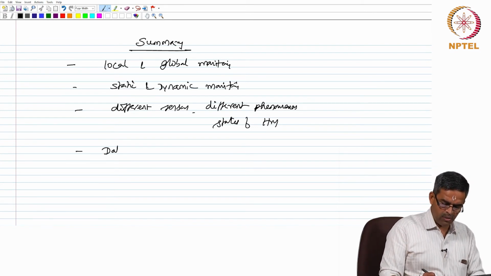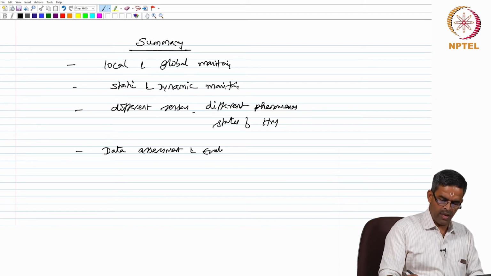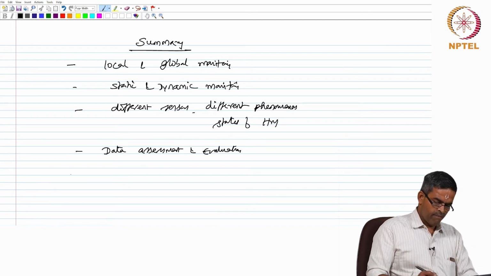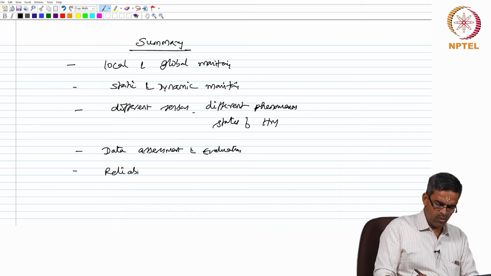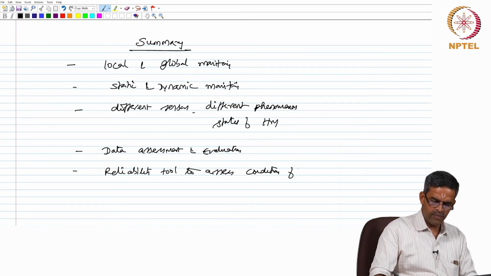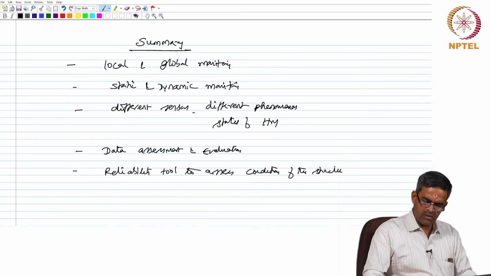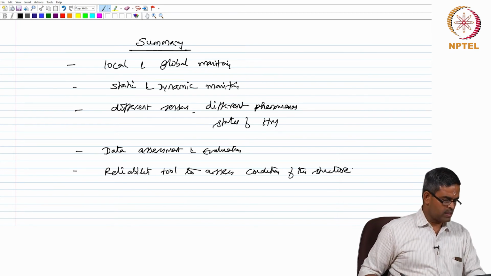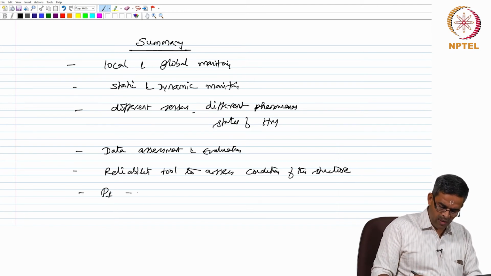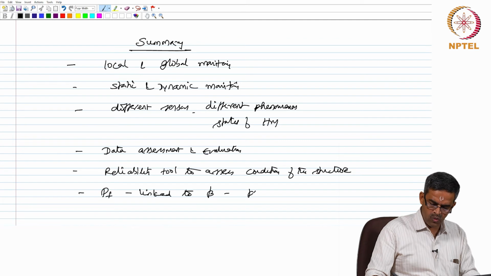We also learned the importance of data assessment and evaluation. We learned the use of reliability as a tool to assess the condition of the structure whose data is actually supplied from the continuous monitoring system, and we have also learned how the probability of failure is linked to the reliability index and why we use partial factors in design.